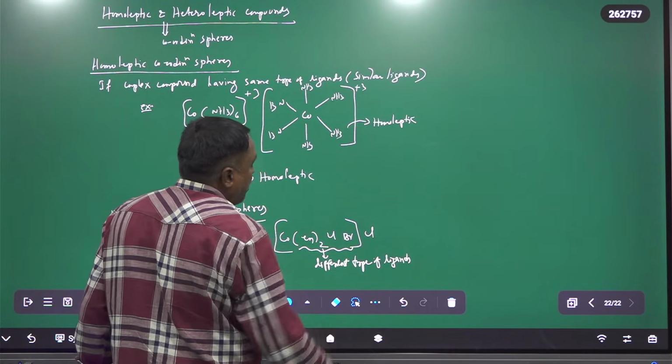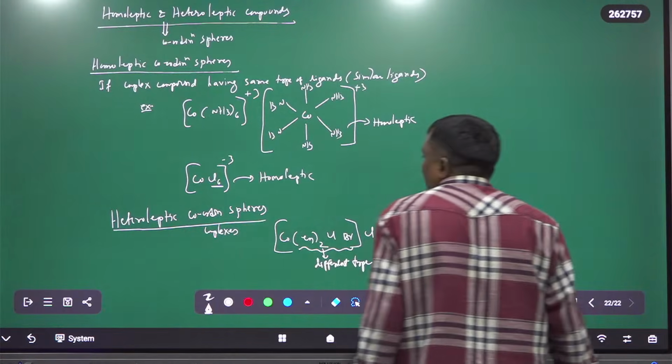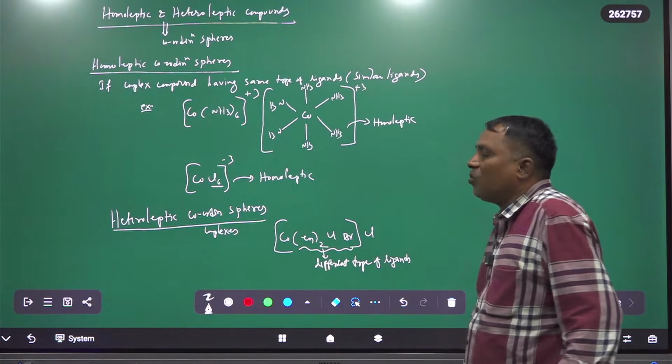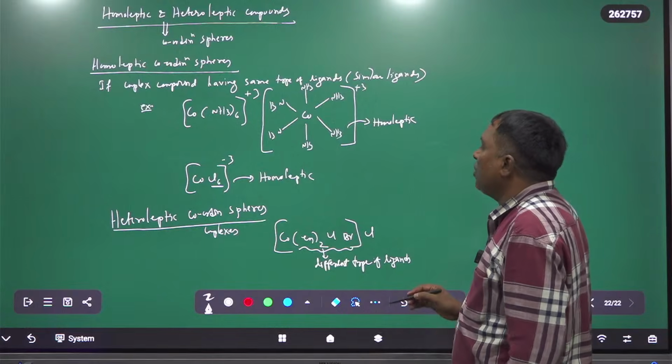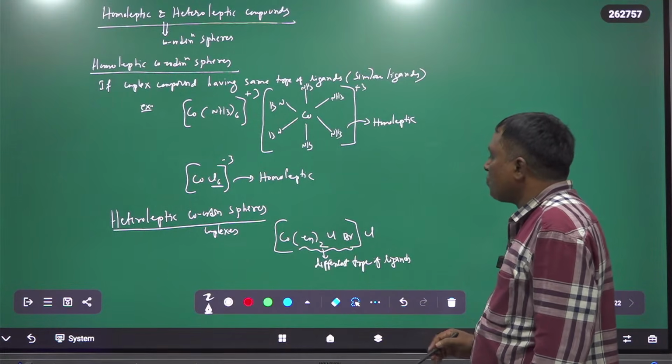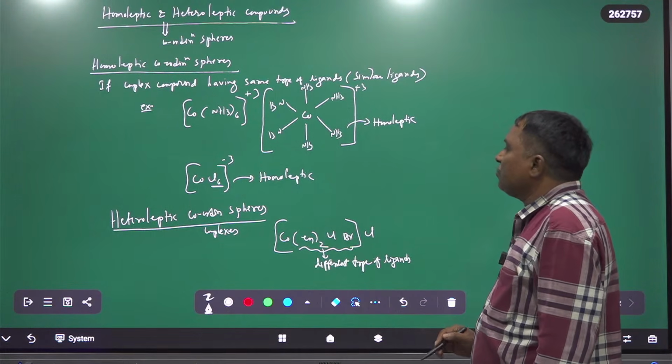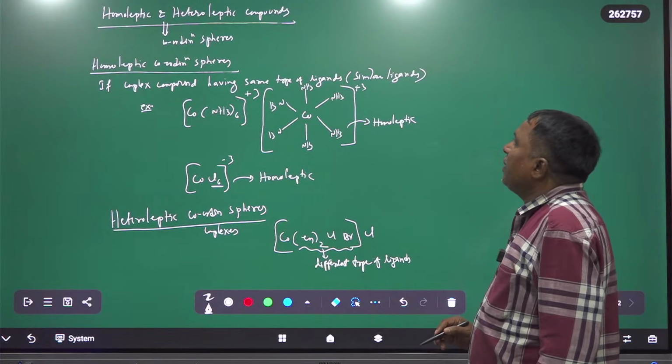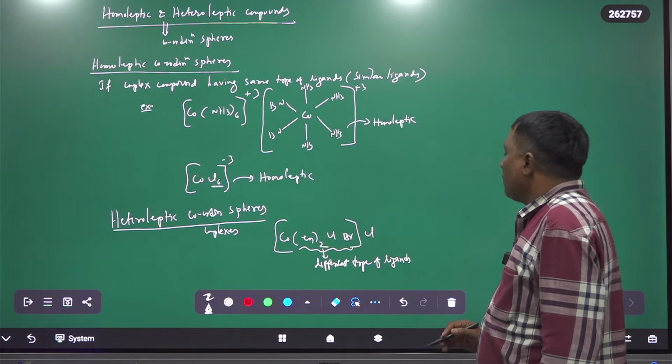Therefore this compound is heteroleptic. So this is homoleptic and heteroleptic compounds.